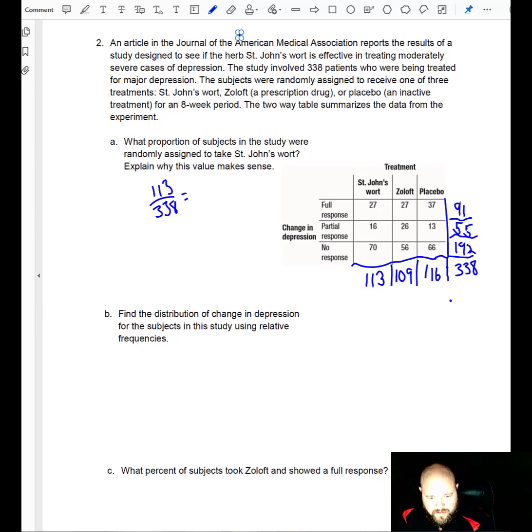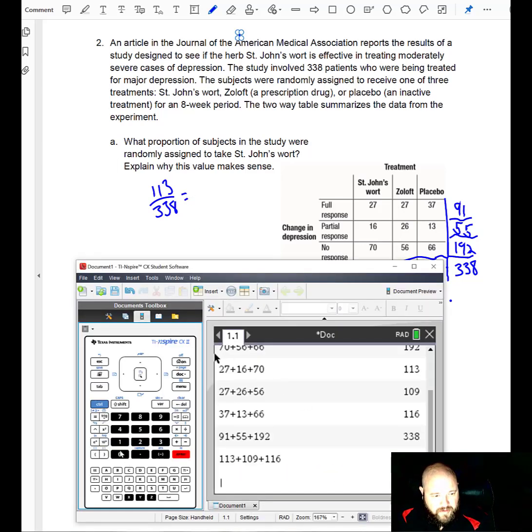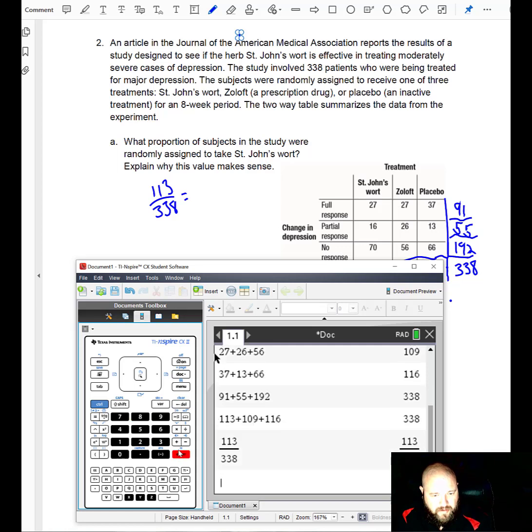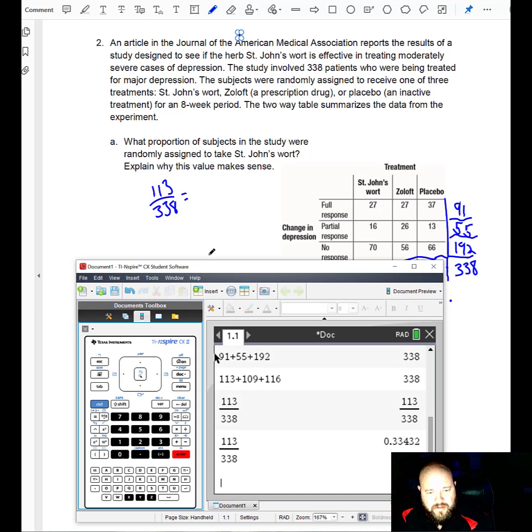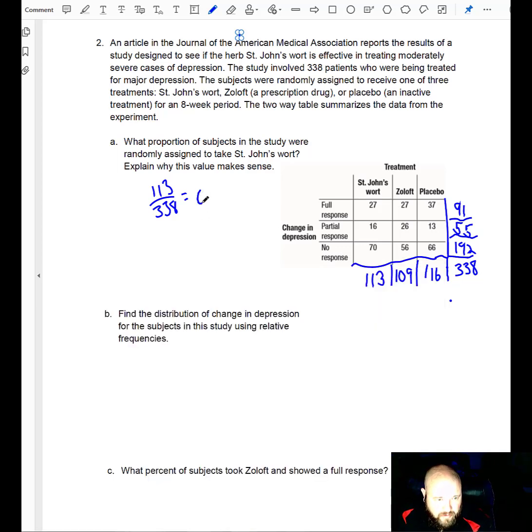Let's see what that gives us. So we should take 113 divided by 338. Oh, I need to put control first, sorry. So this should give us 0.334.